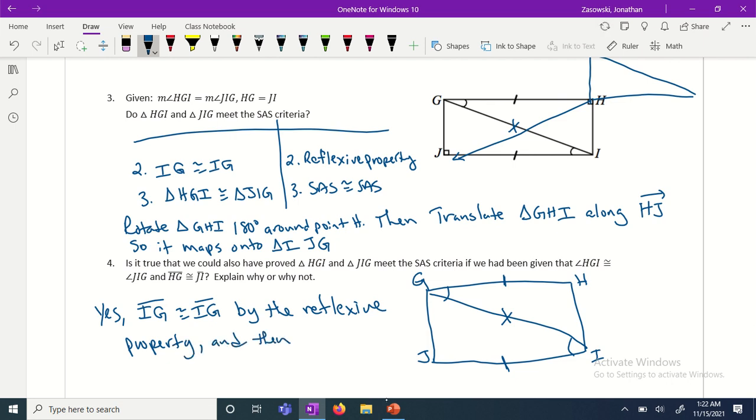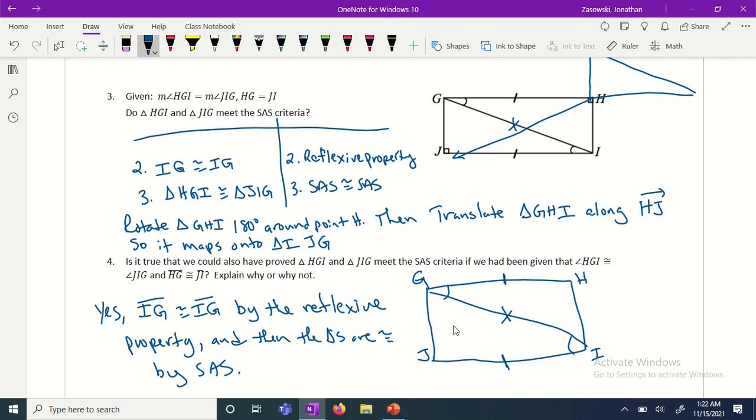And then the triangles are congruent by SAS. Okay, that's enough to say.